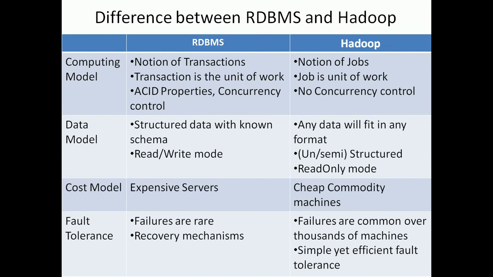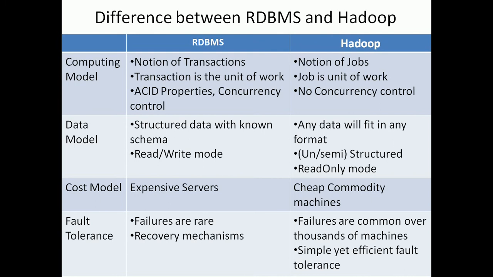RDBMS uses a structured data model, that means you have to define the schema before use, and data is in read and write mode. As for cost, RDBMS is more expensive, and failures are very rare in RDBMS and a recovery mechanism is available.